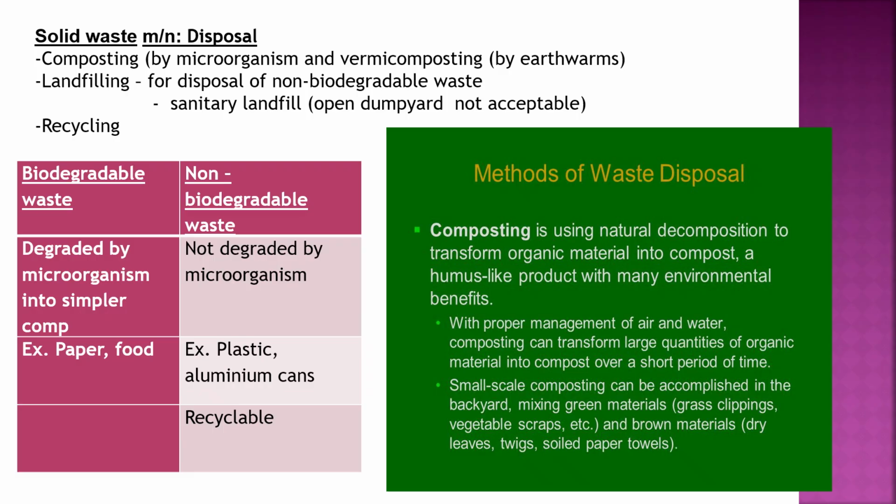Sanitary landfill is used; open backyard dumping is not acceptable, and recycling can be done. Biodegradable waste, like paper or food material, is degraded by microorganisms into simple compost. Non-biodegradable waste, like plastic and aluminum cans, is not degraded by microorganisms, so they are recyclable.